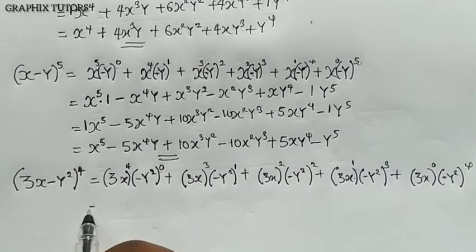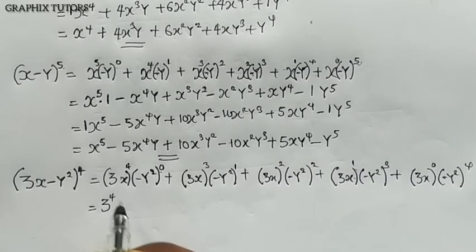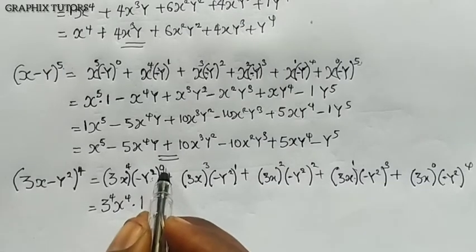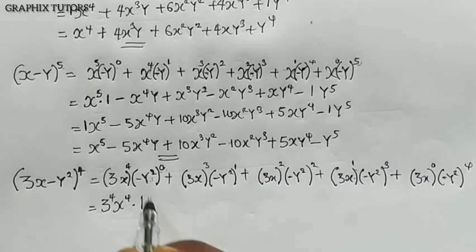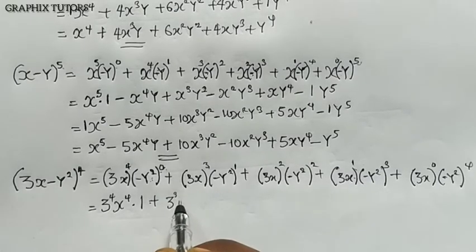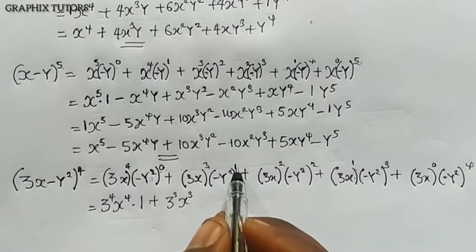Now we move forward. From here, this is essentially saying 3 to the power of 4 and x to the power of 4. Everything here is 1, because this power is 0. Plus 3 to the power of 3, x to the power of 3. Now this is an odd number, right?